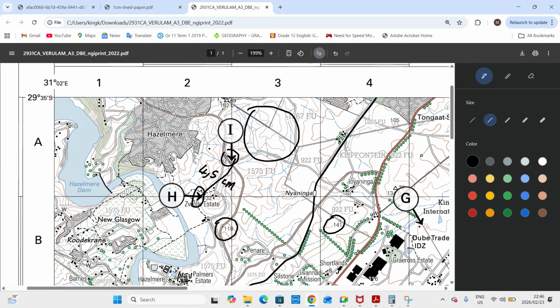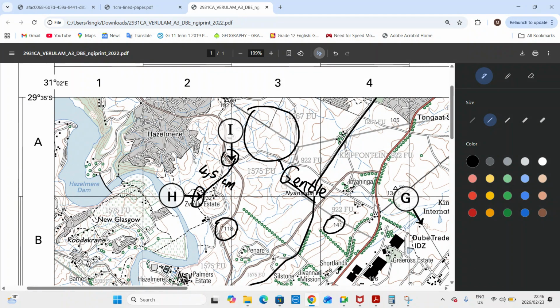These contour lines are spaced far apart from each other. When contour lines are spaced far apart from each other, that tells you that the slope that you're looking at is gentle.